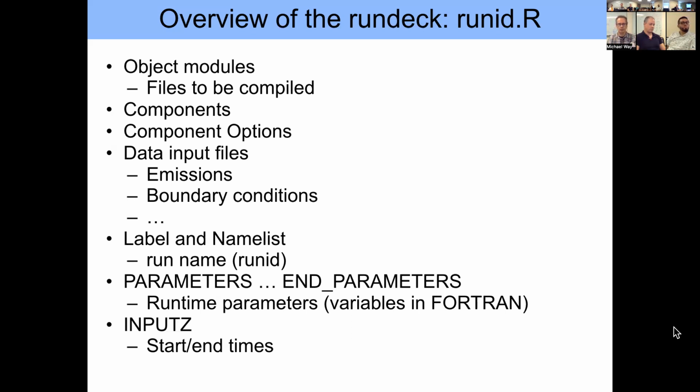Then the other big block of the run deck is called data input files. It is a list of files that the model will need to read as inputs. In Fortran, you need to define in the source code which file name the code will read, and that is inflexible.